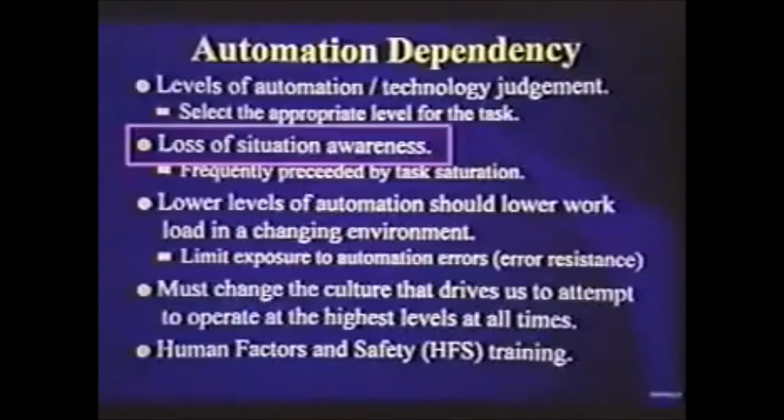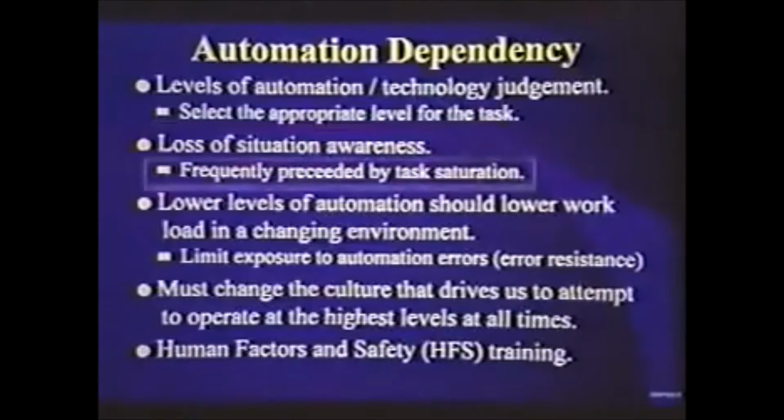And as we study the accident history, what we find in the vast majority of the cases is this: the 2-man crew has lost situation awareness. Well, how'd that happen? Well, the 2-man crew became task saturated. Well, how'd they become task saturated?